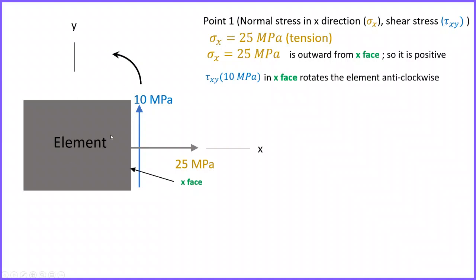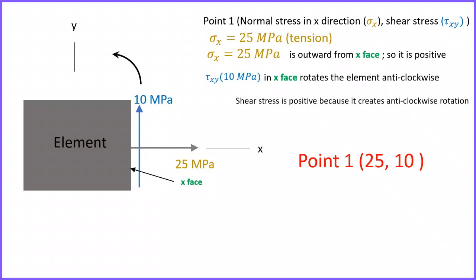The 10 megapascal on the x face rotates this element anti-clockwise, and according to the sign convention, anti-clockwise is positive. So shear stress is positive because it creates anti-clockwise rotation. So the coordinates of point 1 are 25 and 10.